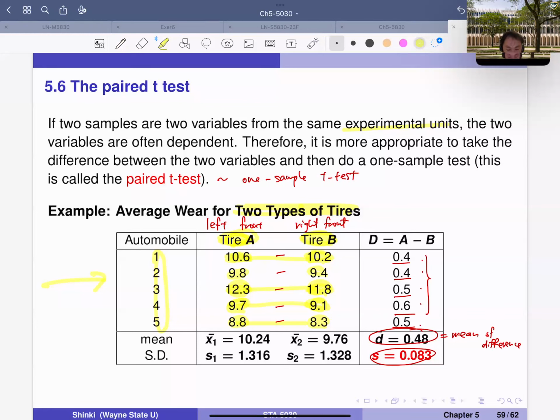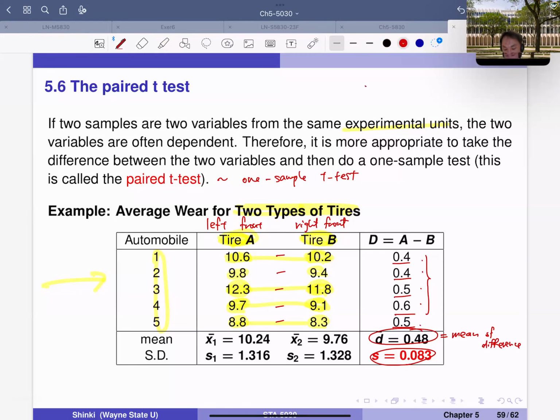So in that case, we do the paired t-test. So in the past, some students asked me when we have to do two sample t-tests and when we have to do paired t-test. So is it true that if the sample sizes are the same, we should do the paired t-test?